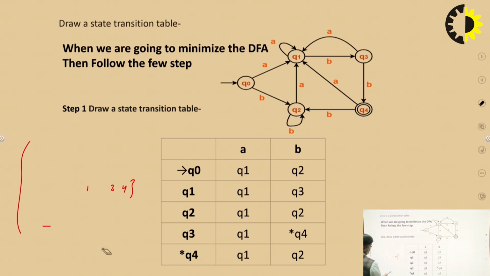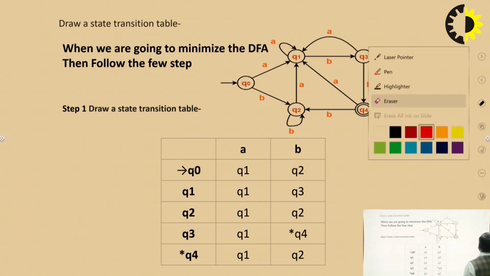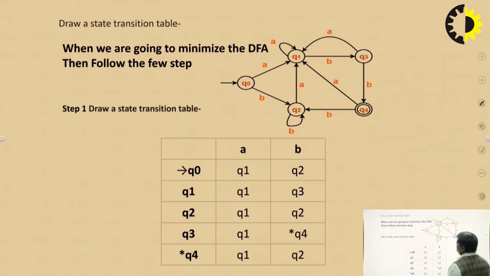Now move to how any finite automata is minimized. When we minimize any finite automata, then we follow a few steps. Step number 1: draw the transition table of the given finite automata.